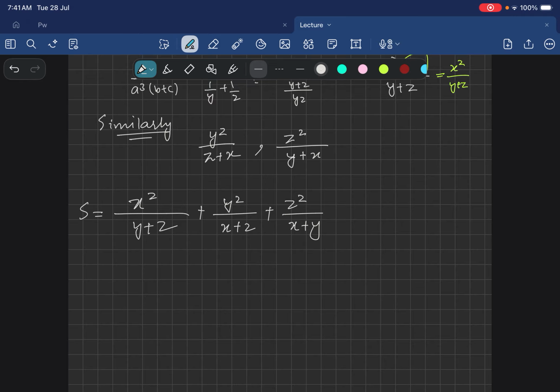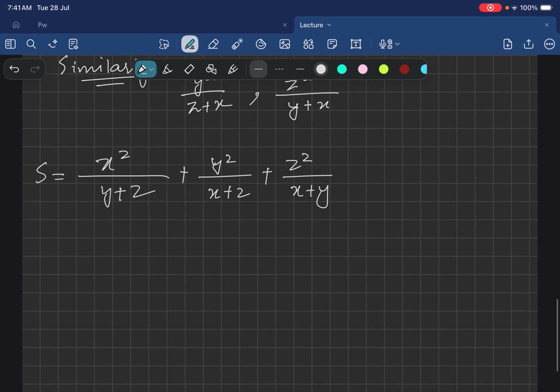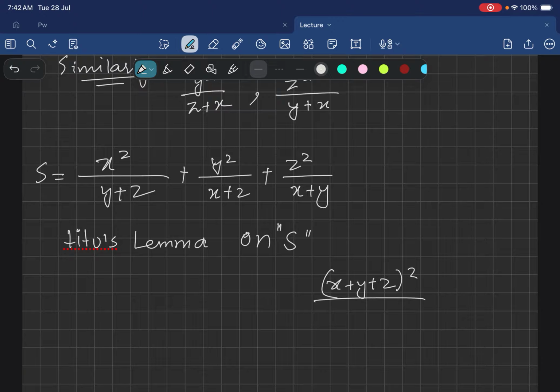So let's call it S. If I apply Cauchy-Schwarz, no, I'm applying Titu's lemma on S. Do you know what Titu's lemma is? Titu's lemma says that the squares in the numerator would become (x plus y plus z) whole squared, and the denominator would be the sum of all the denominators, which is 2 times (x plus y plus z).